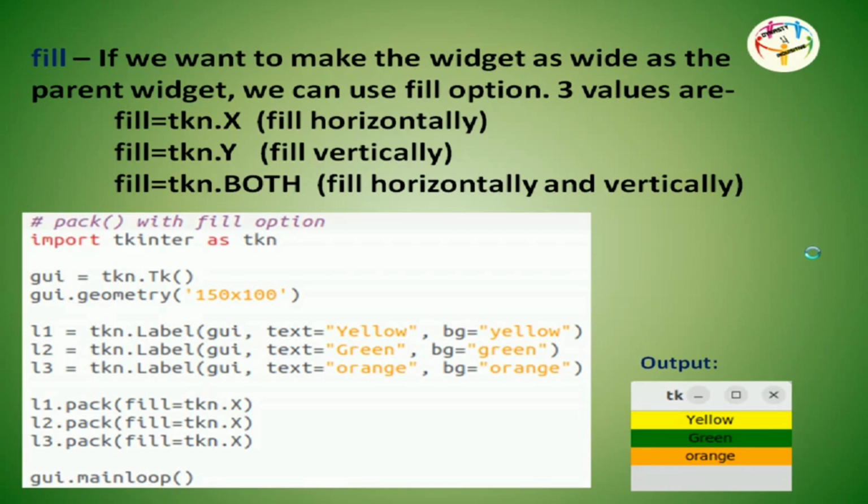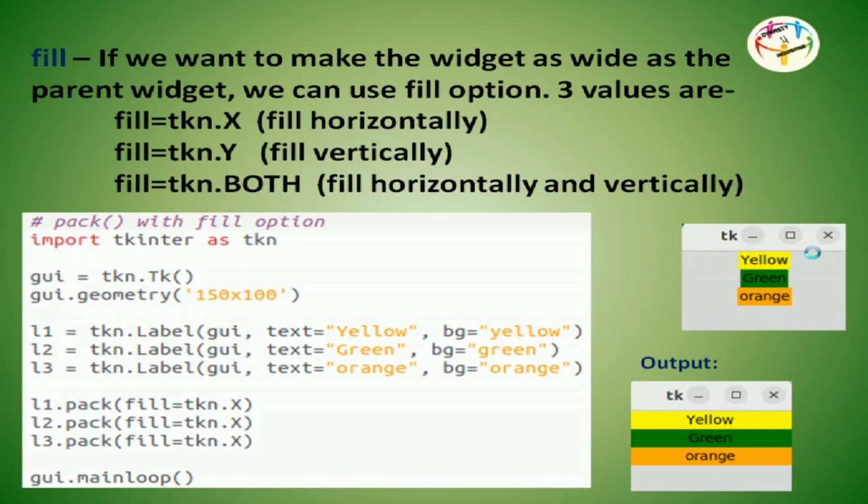It increases all these widths to the width of the window. So look here, if we do not use this fill option, then the output will be this. So you can clearly observe this difference.